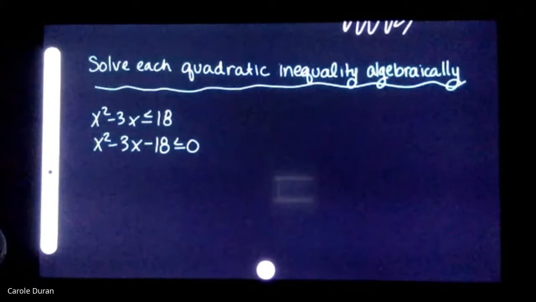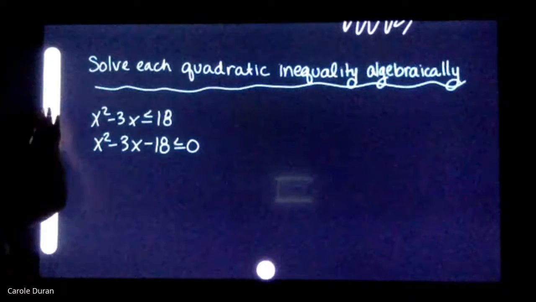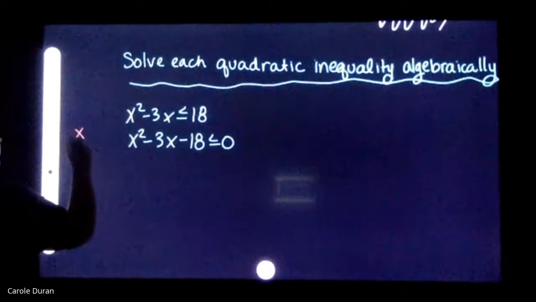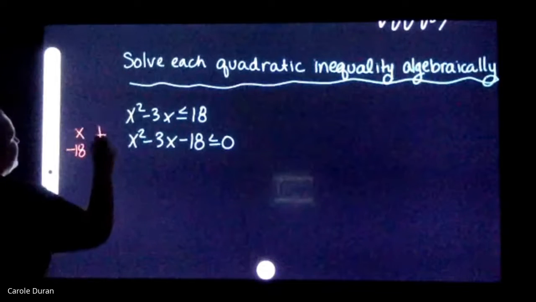Then to find my zeros, you could always use the quadratic formula, or we could just go ahead and factor. So I want to do the factoring because I feel like we could use the practice. When I factor this, I'm looking for two numbers that multiply to -18 and add to -3.